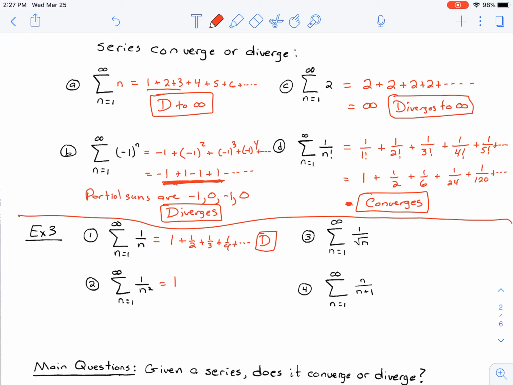This one right here would be 1 plus a fourth plus a ninth plus a 16th. Again, this one's not obvious at all, but it converges. This one over here is going to diverge.